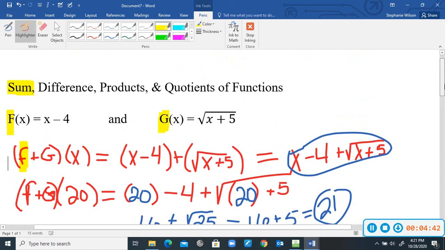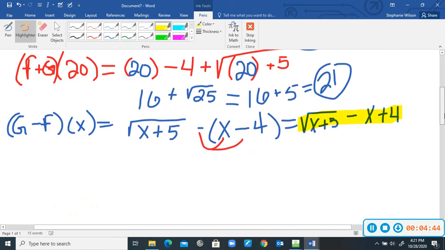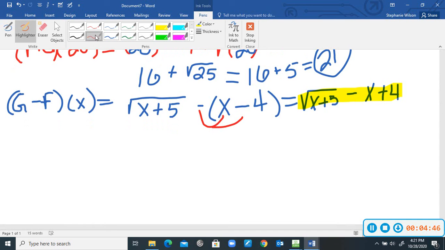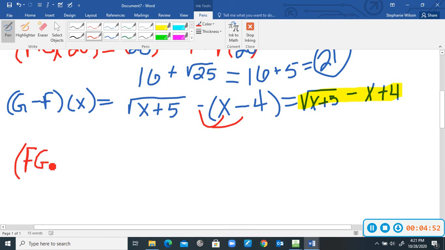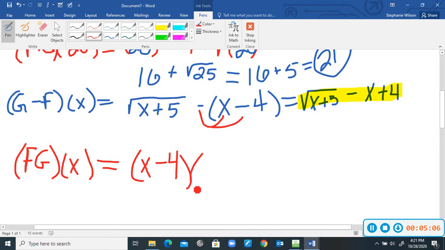So now let's do the products. The product says that we're going to multiply. So let's do F first again. F times G of X. So my F function is X minus 4. My G function is the square root of X plus 5.